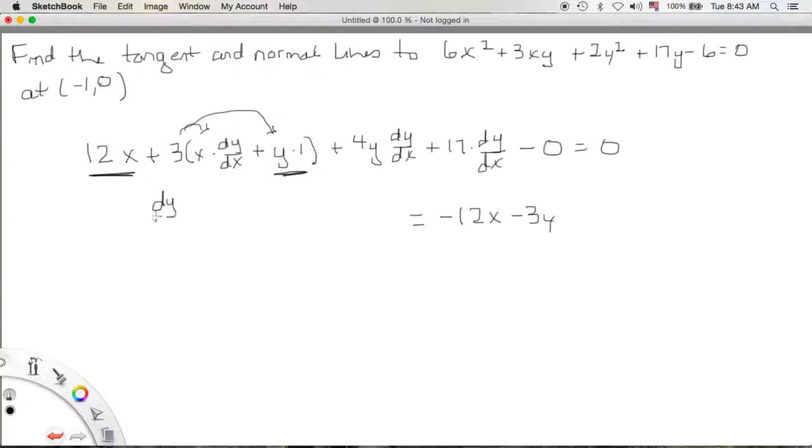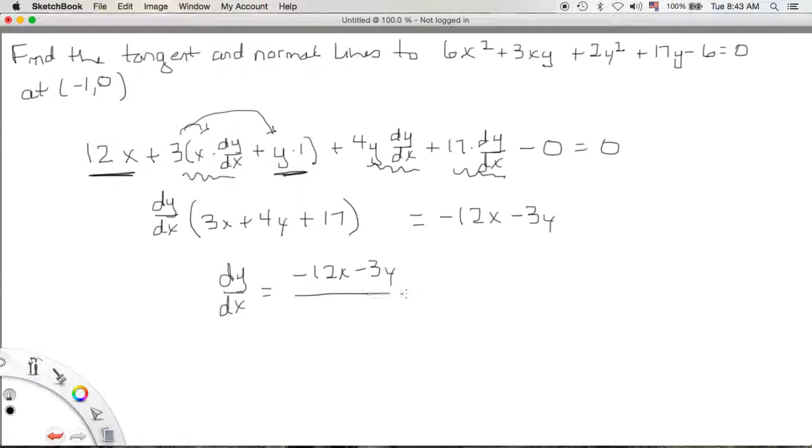And then the other part will factor out a dy dx. So that's this, this, and this have dy dx. So we have 3x plus 4y plus 17. So dy dx is negative 12x minus 3y all over 3x plus 4y plus 17.